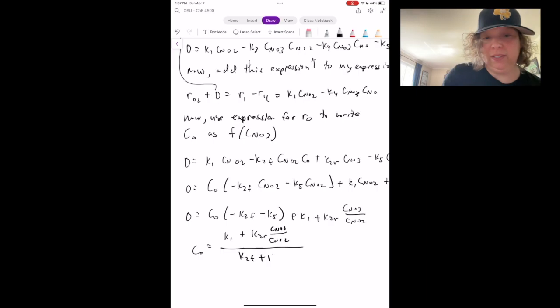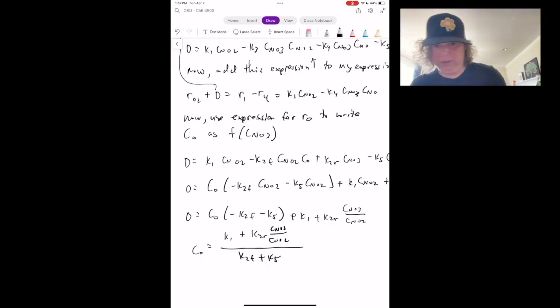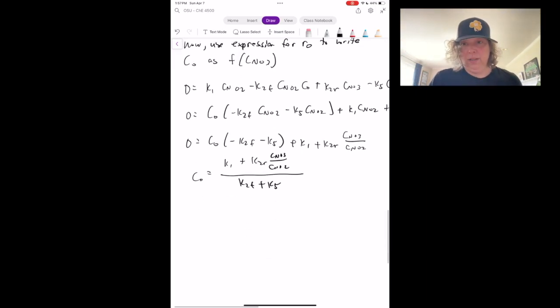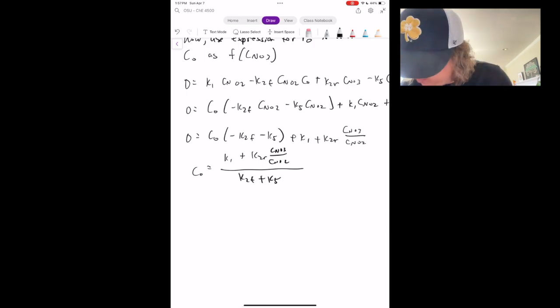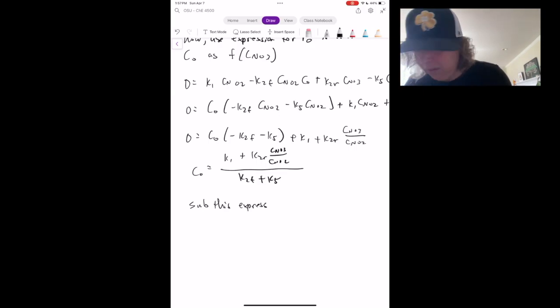Okay, so now I have CO as a function of CNO3. So we'll substitute this expression into RNO3.